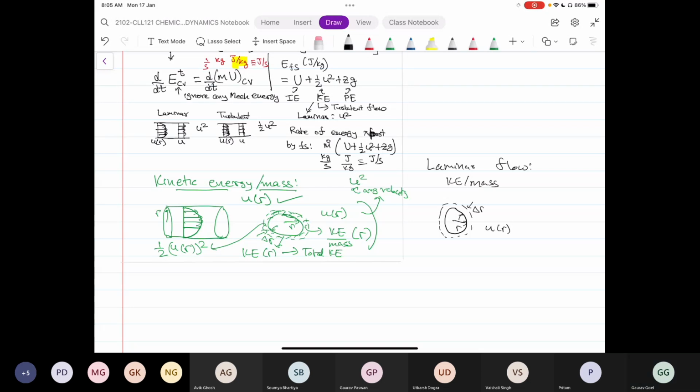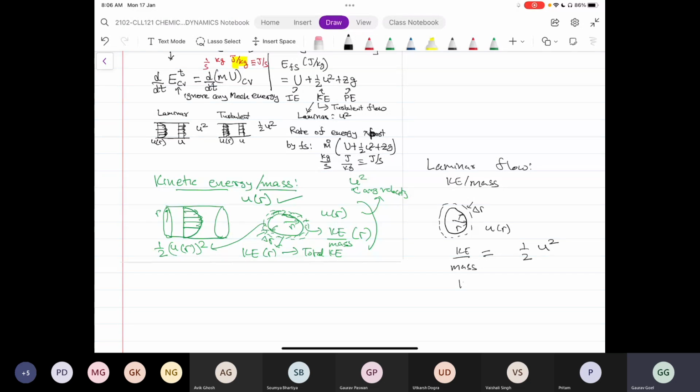So now in this shell, kinetic energy per unit mass would be equal to 1/2 u square. Now, did you multiply this by mass?